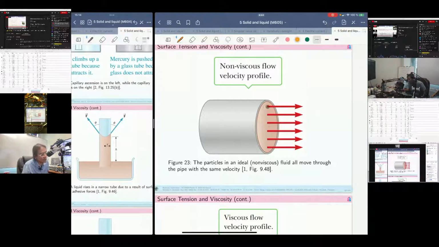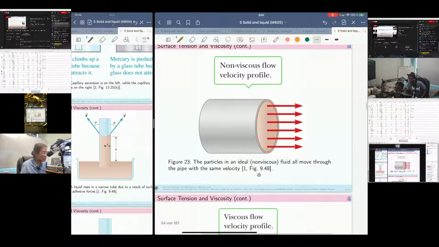So if you measure the speed or the velocity at different points of this liquid, you would find the same value for the velocity. When you have the same value for different points, we call it the non-viscous flow velocity profile. The velocity is the same everywhere. But it's not the case in reality.